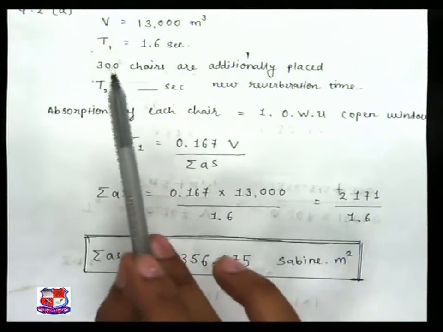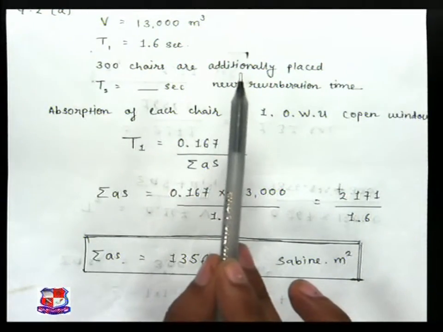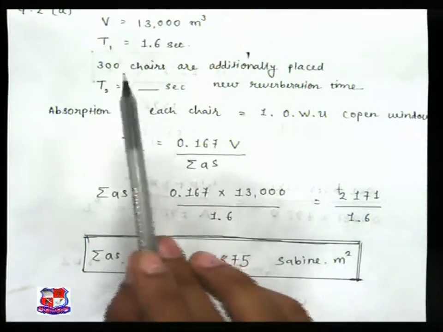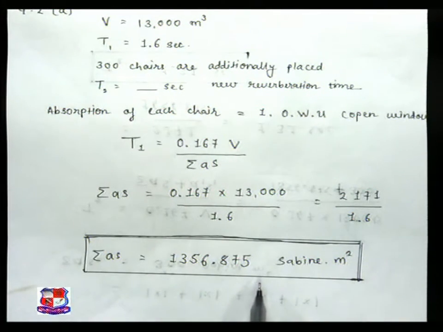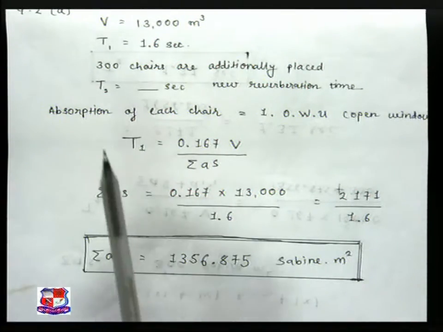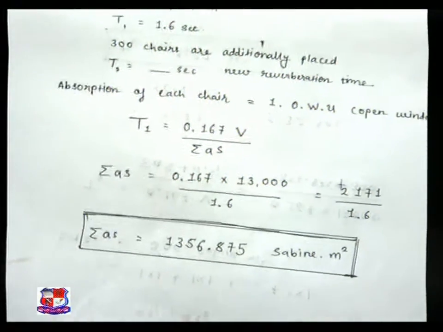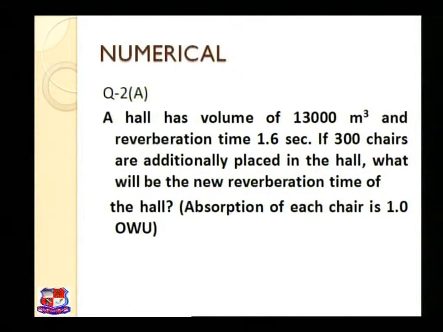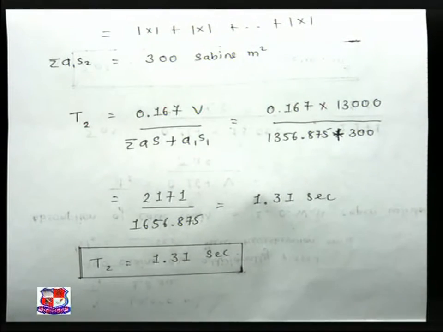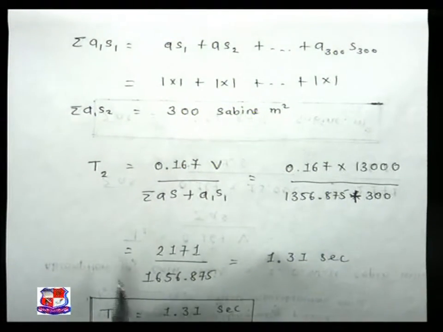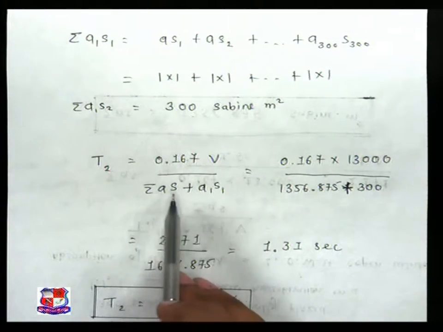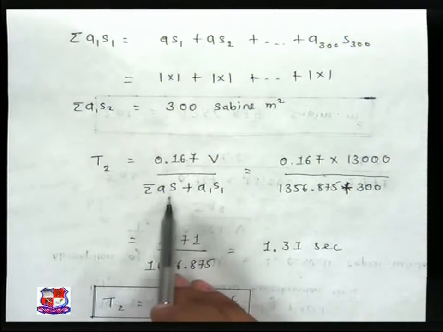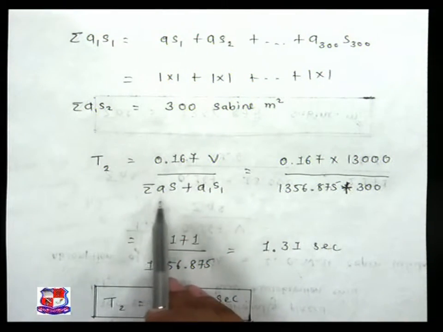Before 300 chairs were additionally placed, the absorption was 1356.875. Now if we want to calculate T2, here in our slide the next equation is T2, which is equal to 0.167 into V upon summation of AS, the older absorption before 300 chairs were added.